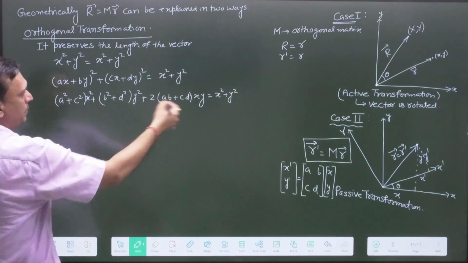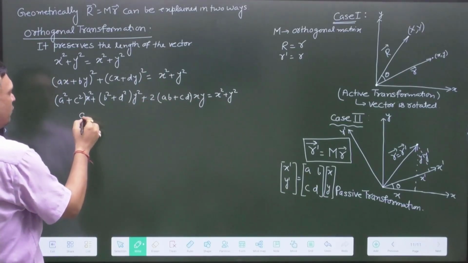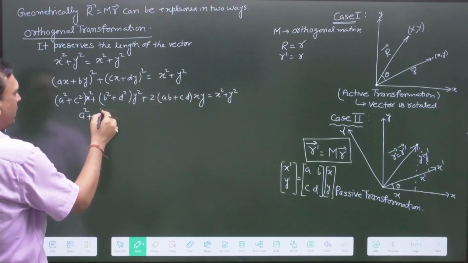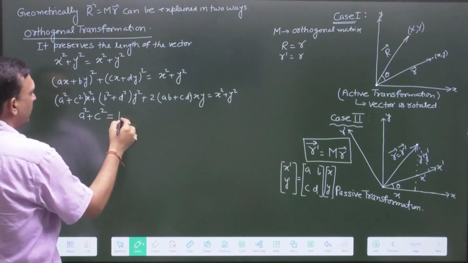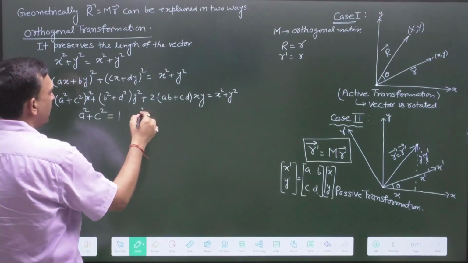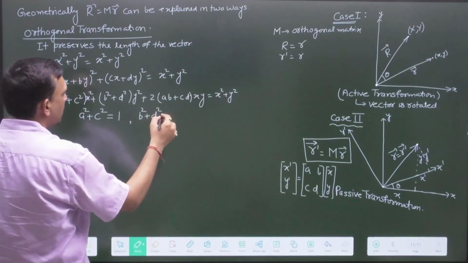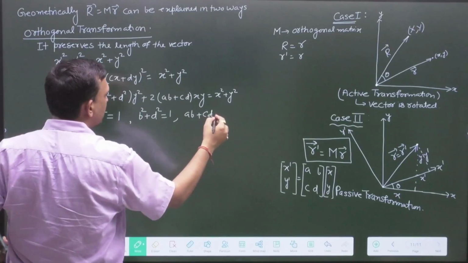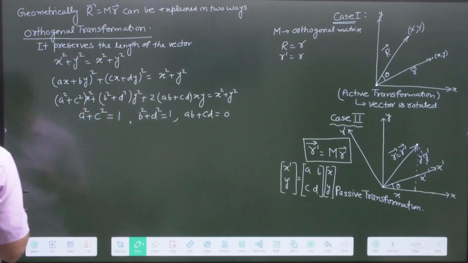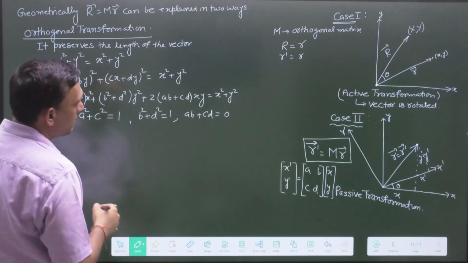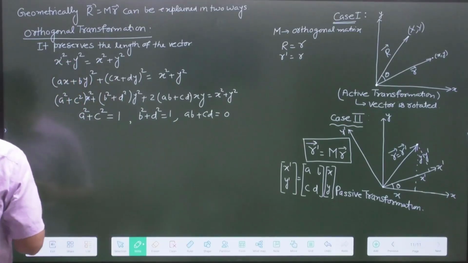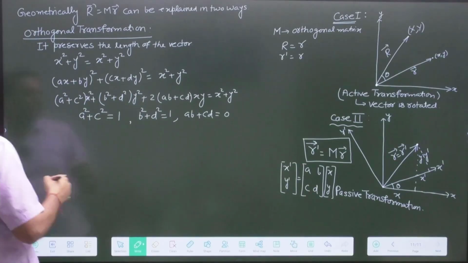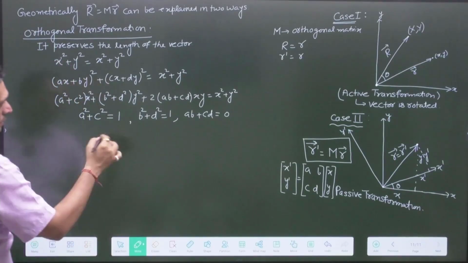So if it preserves the length of the vector, what conditions do you get? A square plus C square is 1. B square plus D square is 1. And AB plus CD is 0. Now just check this condition.